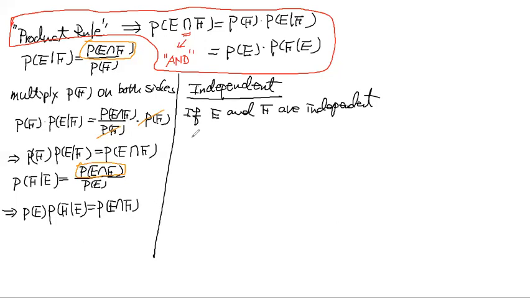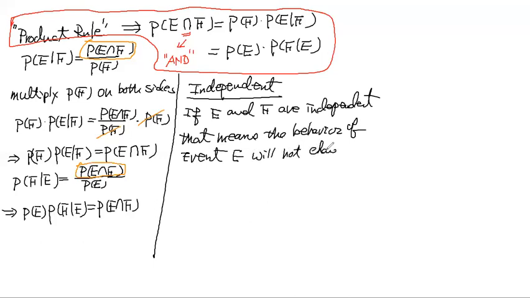It means the behavior of event E will not change the behavior of event F. Whether E happens or not has nothing to do with, and does not affect, event F. They don't have any relation, and the outcome of F will not change whether E happens or not.